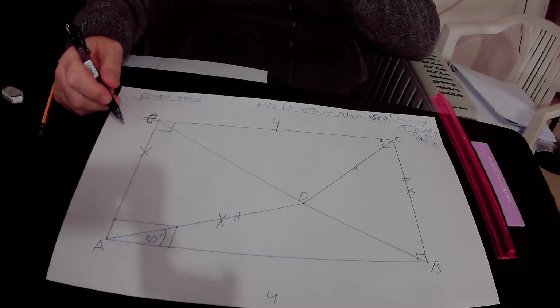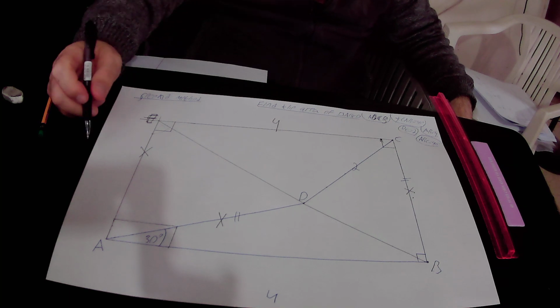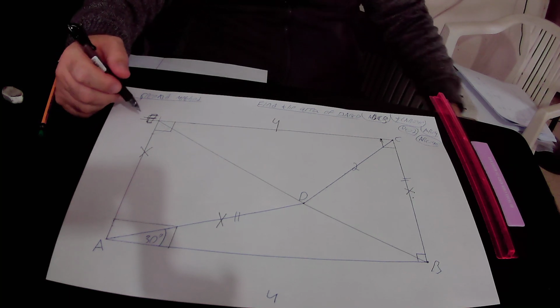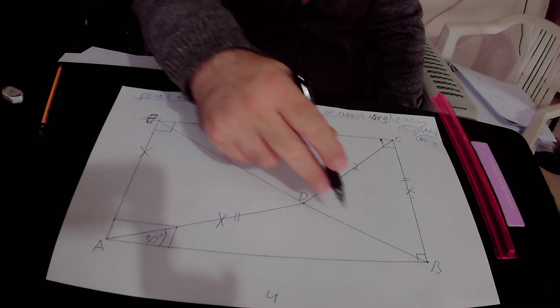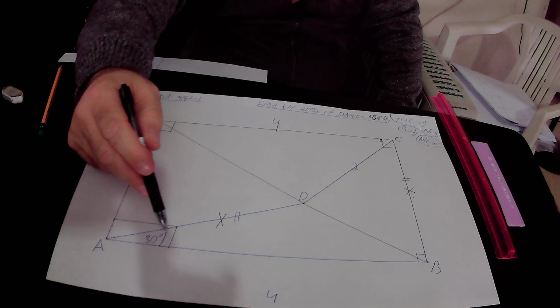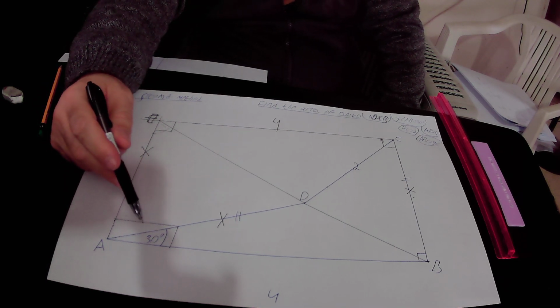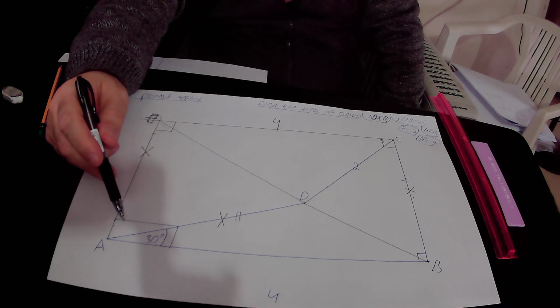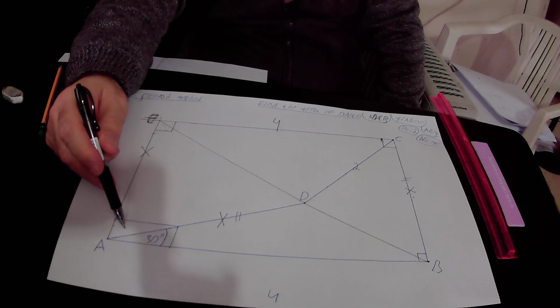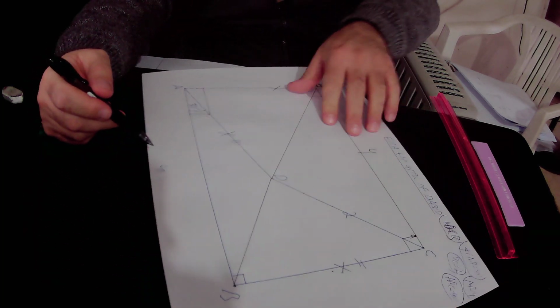We will focus on triangle AED. First of all, we know that angle EAB is a right angle and angle DAB equals 30 degrees. So 90 degrees minus 30 degrees is the value of this angle, that is to say, angle EAD will be equal to 60 degrees.